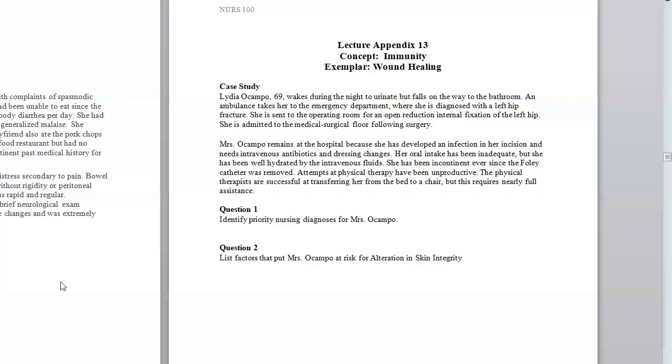Now, Mrs. Ocampo remains at the hospital because she has developed an infection in her incision and needs intravenous antibiotics and dressing changes. Her oral intake has been inadequate, but she has been well hydrated by the intravenous fluids. She has been incontinent ever since the Foley catheter was removed. Attempts at physical therapy have been unproductive.